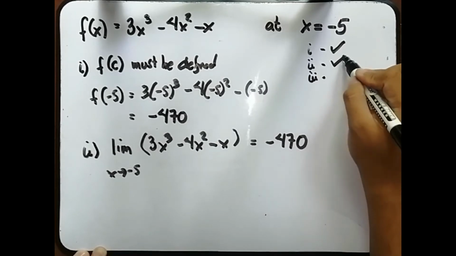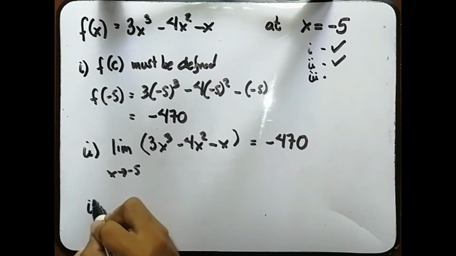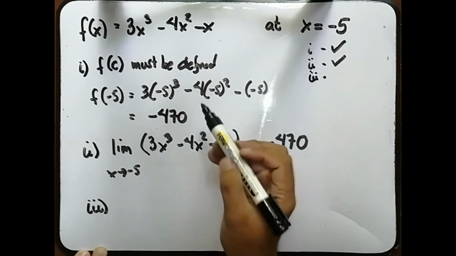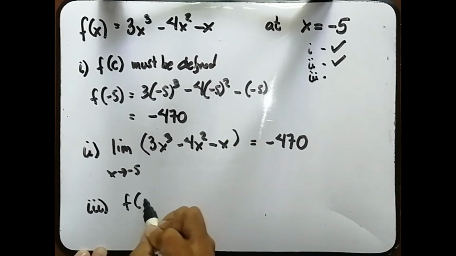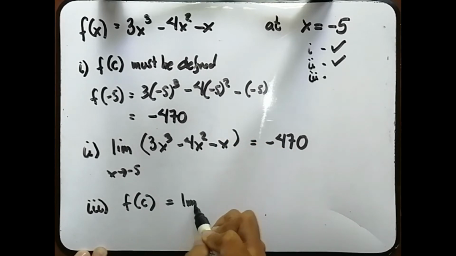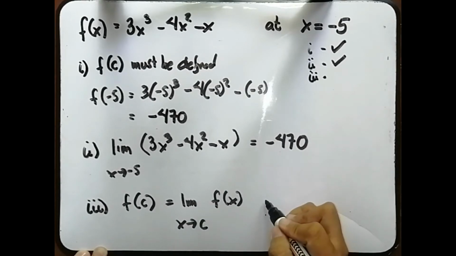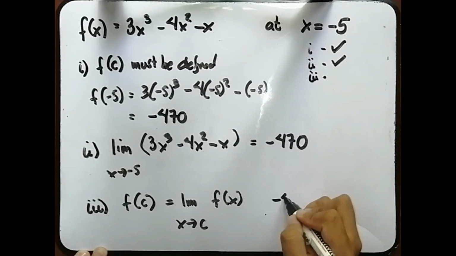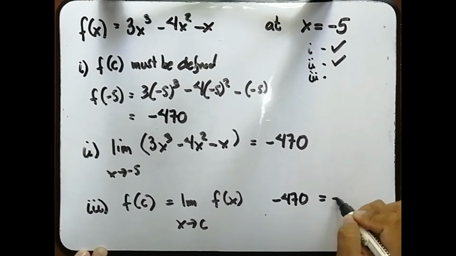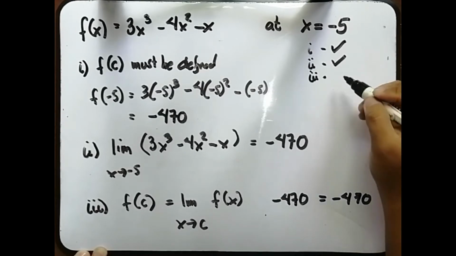So second criterion, check. Third criterion, equal ba yung f of c sa limit ng f of x as x approaches c? Yes, kasi negative 470 is equal to negative 470.